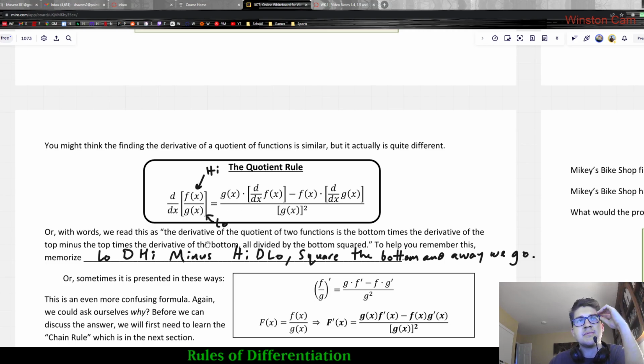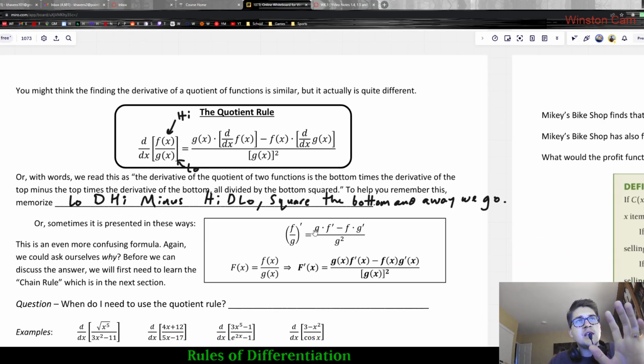I'm sure that was a reference to the hi ho song. Anyways, not as relevant these days probably. Sorry, mom. But yeah, this is how I learned it: low d high, high d low, square the bottom, away we go, or over low low, whatever. There's a bunch of different ways you can memorize it.